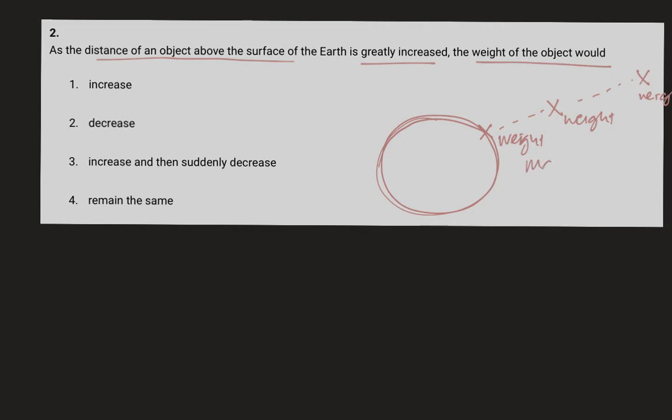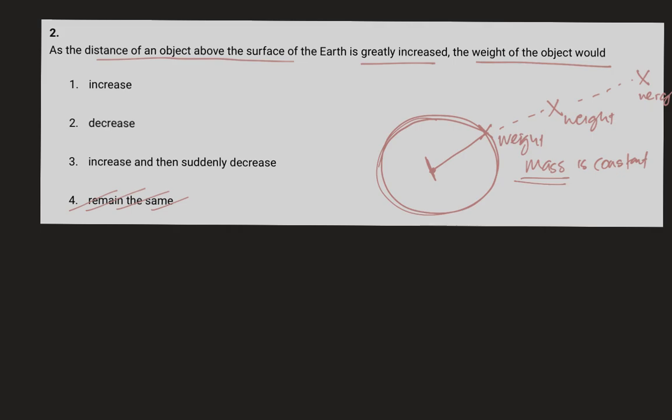Your mass is constant. But as you go further and further away from the center of the earth, then you should know that, number one, it can't remain the same. That's if we're talking about mass, so that can be eliminated.